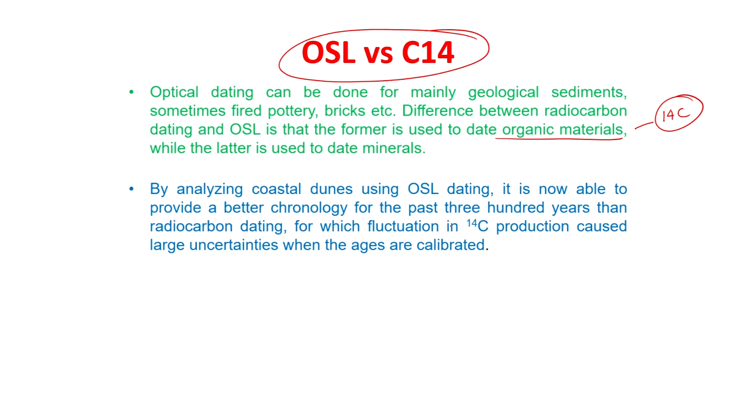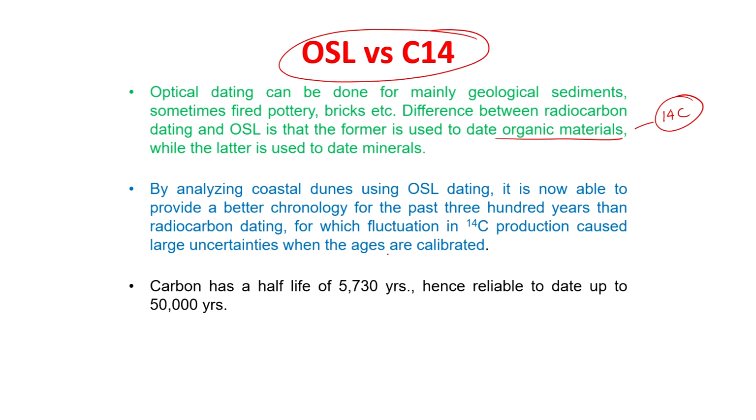For such fluctuations, 14C production caused large uncertainty when ages are calibrated. Okay. So this is one of the reasons; it has a half life of 5730 years. Hence, reliable dates can be obtained for 14C up to 50,000 years, but if you see the OSL, it can go up to almost 200,000 years. Okay.